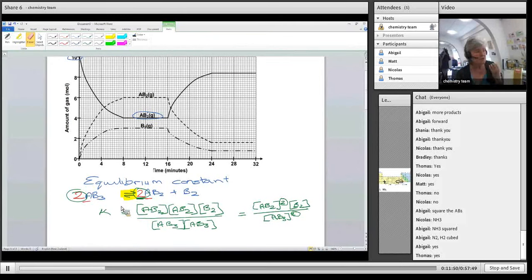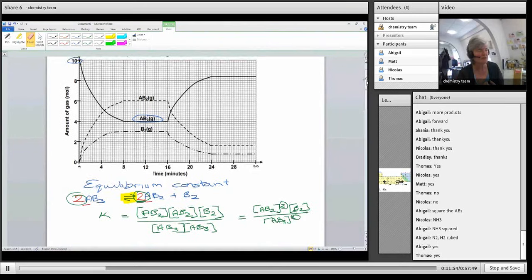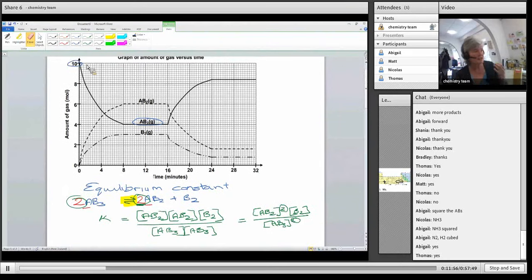Right, so if you look at this graph, and I'll just move it up a little bit, you'll see that in the beginning it wasn't at equilibrium. I had lots of my AB3 and I didn't have any products. Because I had lots of reactants, a lot of AB3, there was a fast reaction happening, and so a lot of it was converting, so we're getting less and less of the AB3.